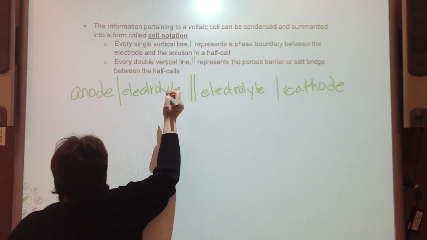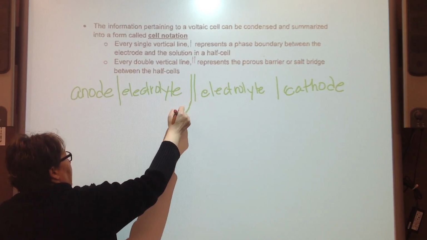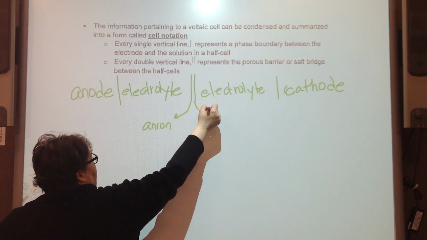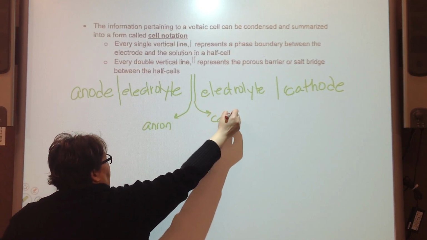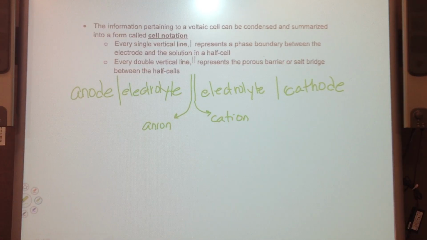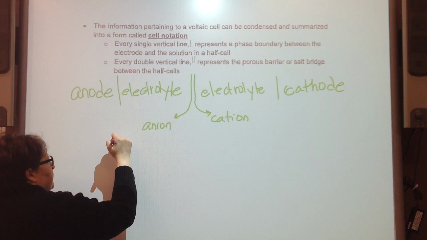Okay, this part of the double line represents anion separation, and this part right here represents cation. So this is your nitrate flowing into your cell, and that other one was potassium.